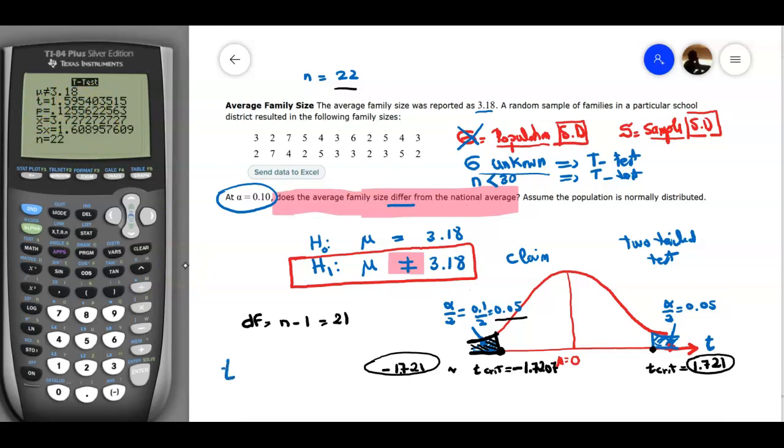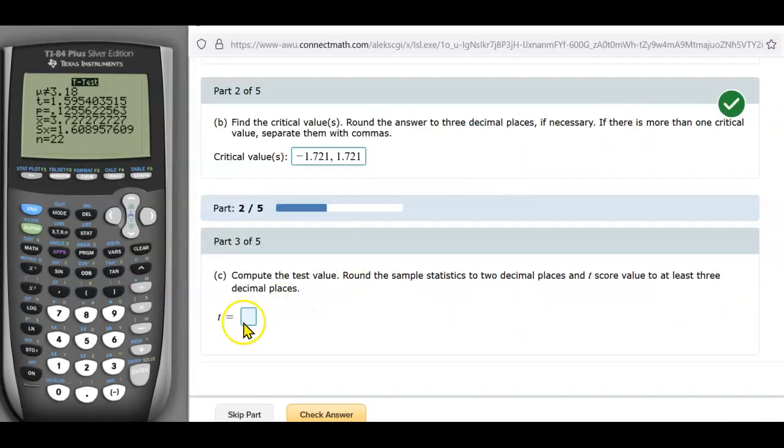So if I round it to 3 decimal places, it's 1.595. All right, so this should be the answer for the third question. Let's go and plug it in. And they want at least 3 decimal places. That's good. So 1.595 and check it.